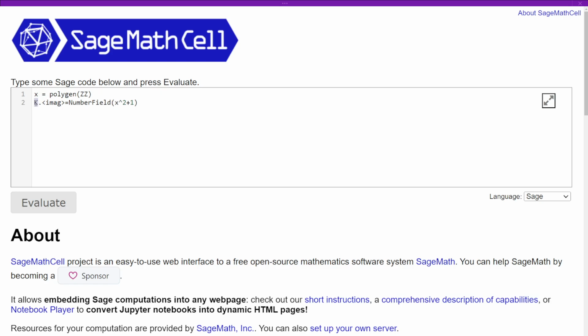It's going to be a field, and it's going to be obtained by adding in something called image, and image is the solution to x squared plus 1. Now we know that I is one of the solutions to x squared plus 1, so we're adding that in, but we're creating a number field.